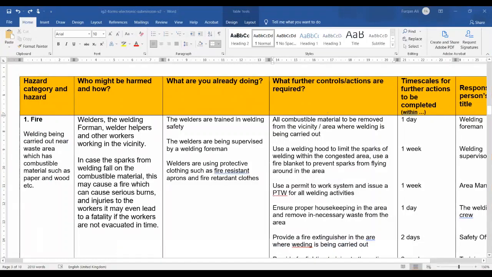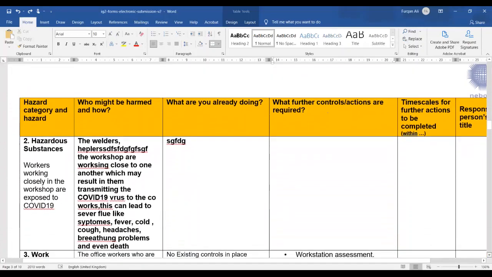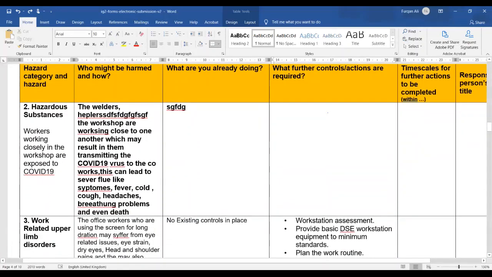So now let me take you to the next section. Okay, so fire, what I have done next, hazardous substances is the next hazard category. Working closely in the workshop, exposed to COVID-19, and so on. Then you can complete the rest.